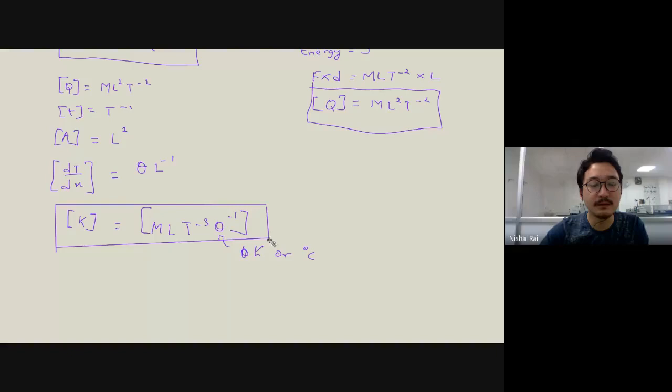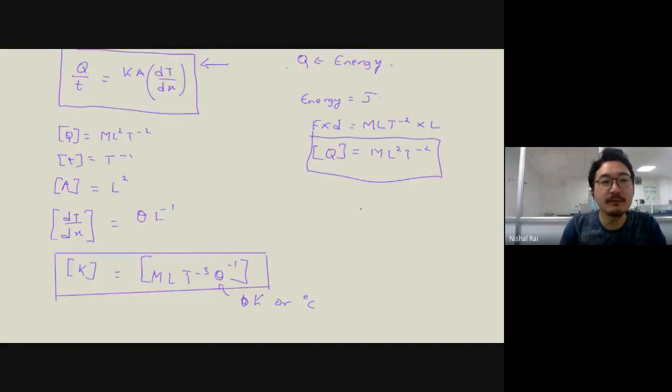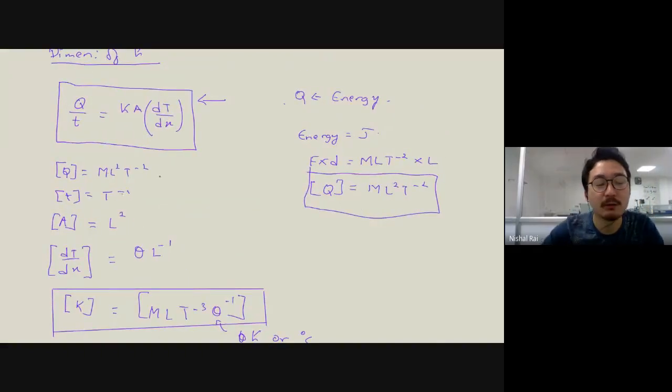What was the unit of your thermal conductivity? Previously, I think we have done this. What was the unit of conductivity?